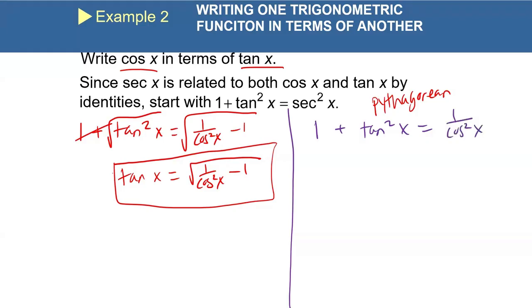What are the steps I would take to get cosine by itself? We would have to multiply, right? Agreed or disagree? Agreed. So we're going to multiply both sides times cosine squared. So we get cosine squared x times 1 plus tan squared x equals 1.